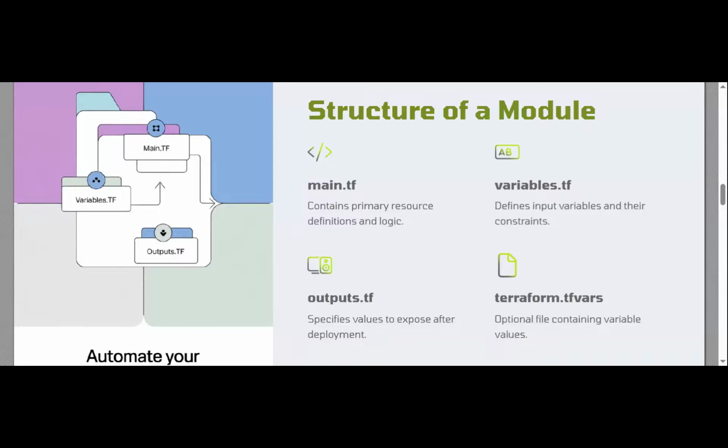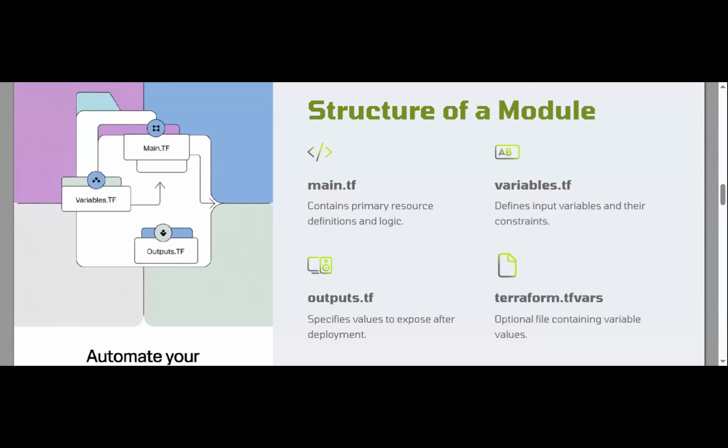Next one, variables.tf. Just now we saw the same thing. It defines input variables and their constraints. Whatever we want to use, we put in the variables, and we can put constraints too. Next one, output.